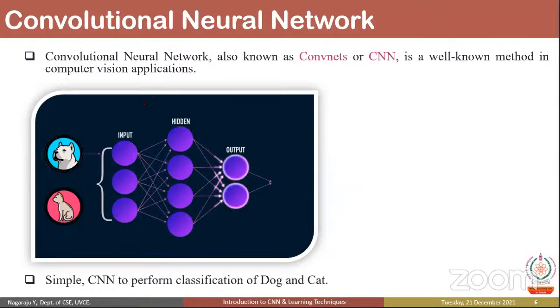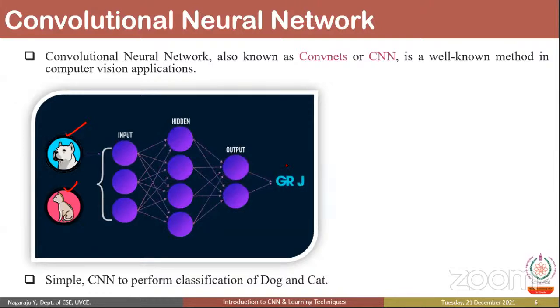If you look at this image, this CNN model, what you can understand is we are going to give an image, and this network is going to classify what the given image is.